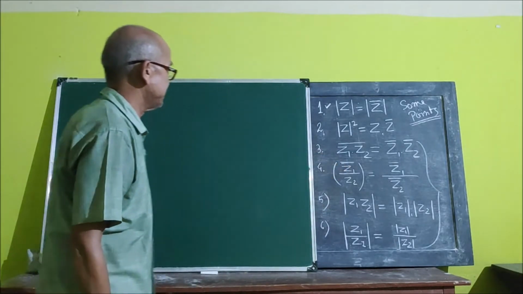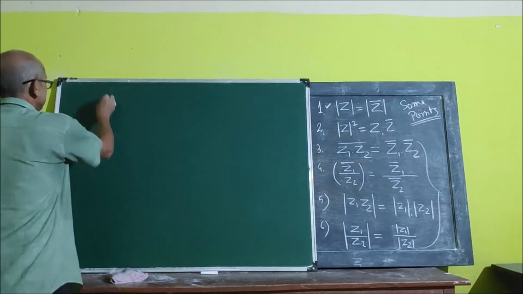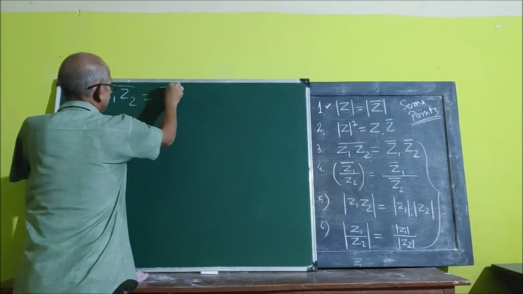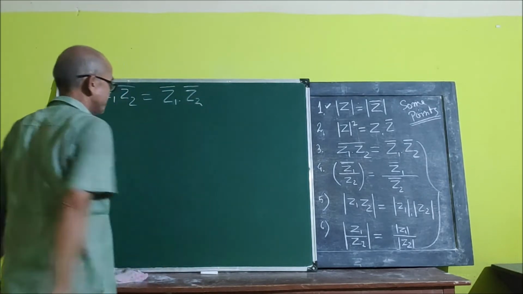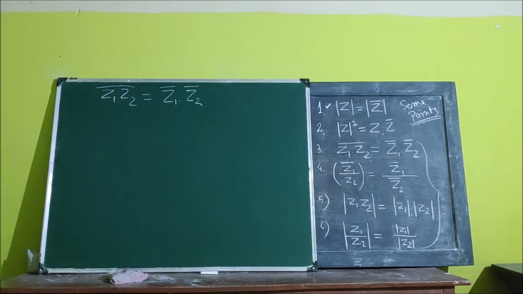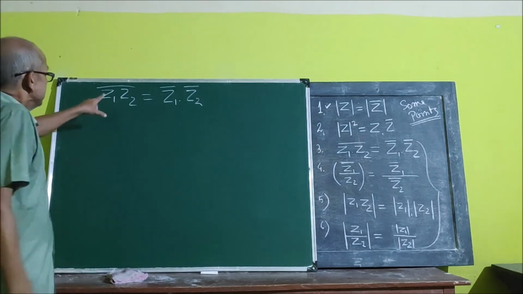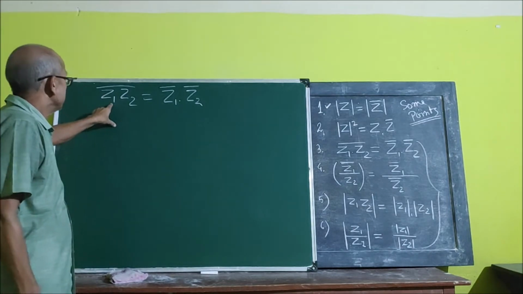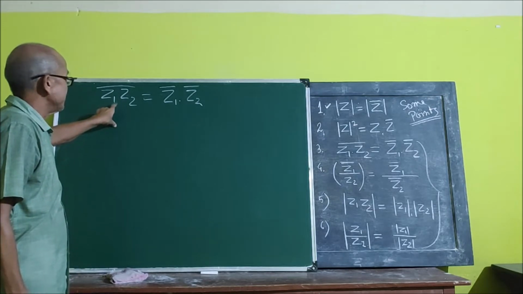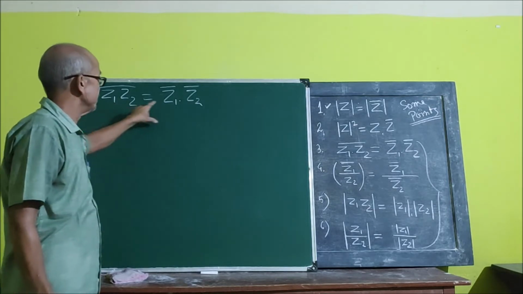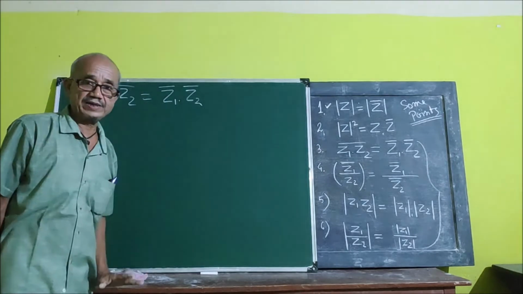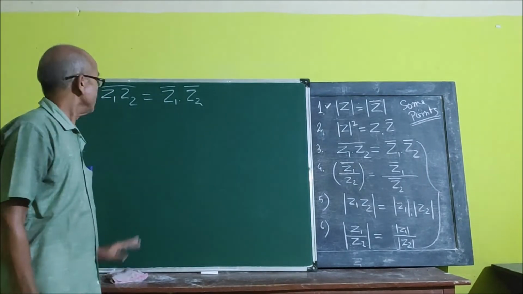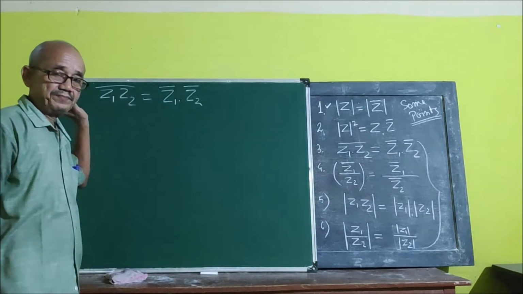The conjugate of the product of two complex numbers is equal to the product of their conjugates.